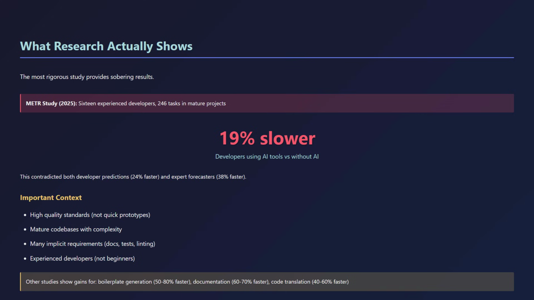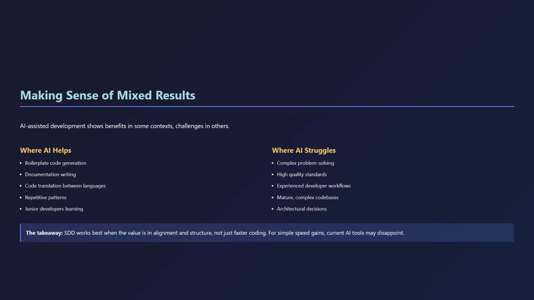But the Meta study is important because it measures the kind of work many of us actually do, maintaining and extending mature production systems with quality standards. So, how do we make sense of these mixed results?